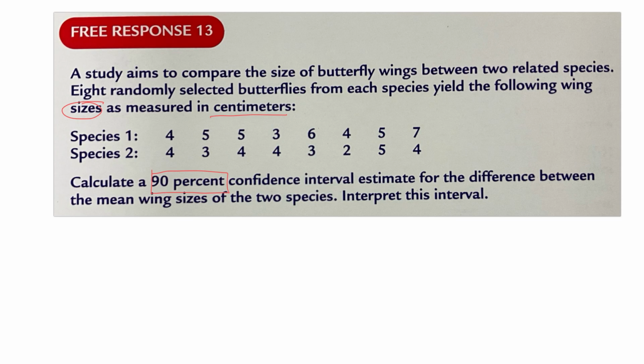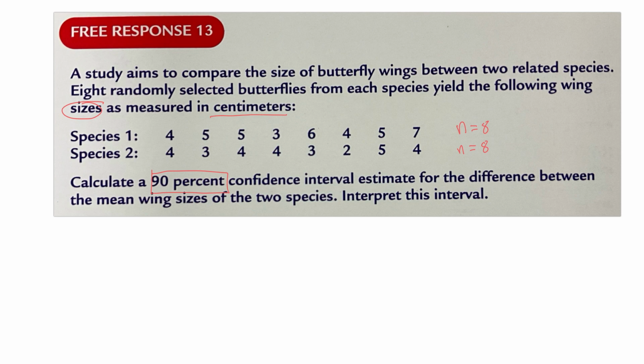When you count the sample size of each species, for both species we have 1, 2, 3, 4, 5, 6, 7, 8. So we have a sample size of 8. I'm going to write that down on the side because that's going to be very important when you construct a confidence interval. You will need to check for normal. So I'm going to put here 8.